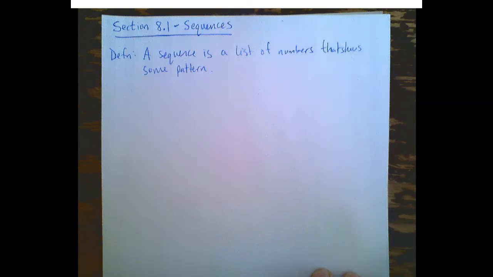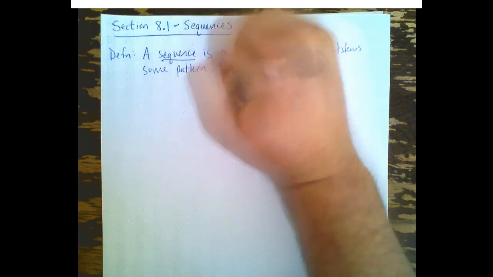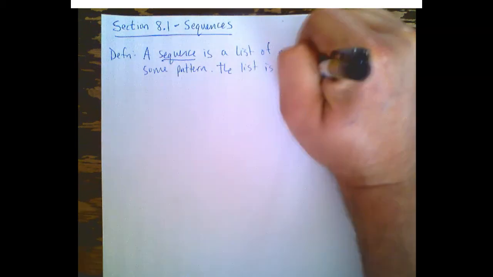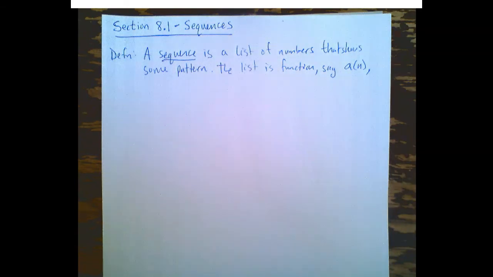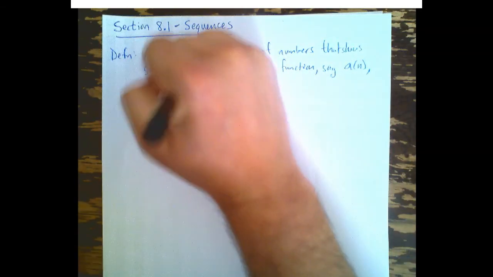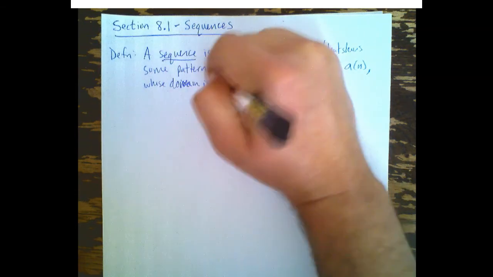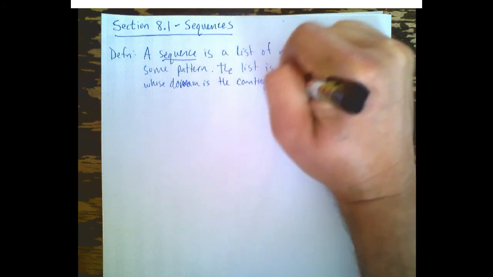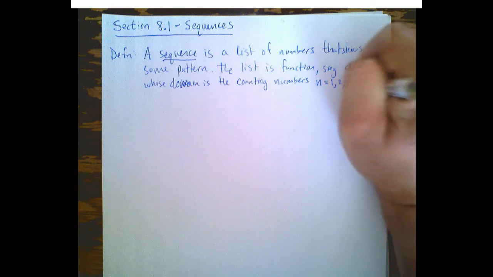The list is a function, say A of n, whose domain is the counting numbers n equals 1, 2, 3, and so on.